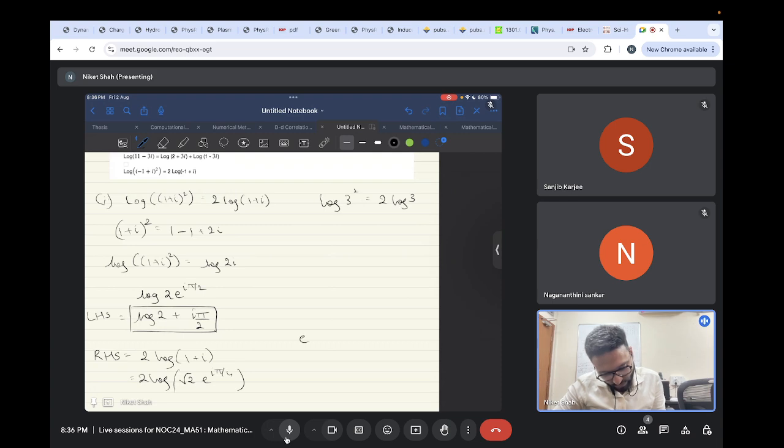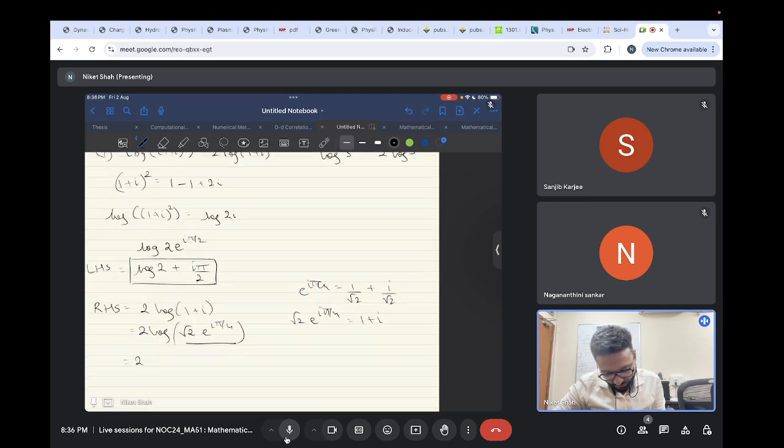Because e raised to power i pi by 4 is equal to 1 by root 2 plus i by root 2. So if I multiply this by root 2 e raised to power i pi by 4, this becomes 1 plus i. So that's what I've done: 1 plus i written as root 2 e power i pi by 4.